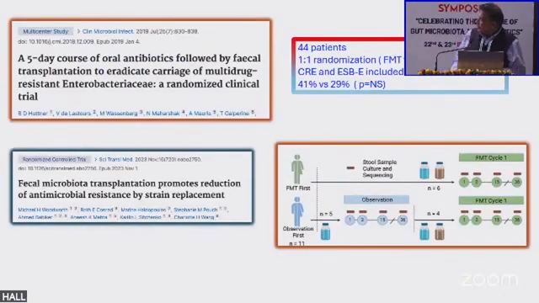The one with 44 patients was randomized 1:1, FMT versus no intervention. 41% response with FMT, 29% response with no intervention. There was a signal, but it was not significant. The second study was done in renal transplant patients. This may interest Professor Ashish Sharma, in the sense that it had only 11 patients. So they had a protocol where they give observation first or FMT first.